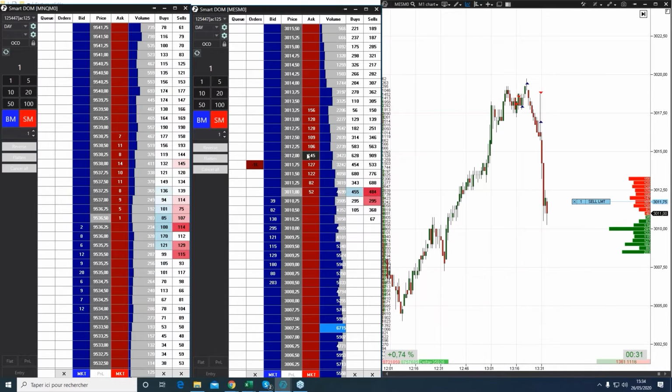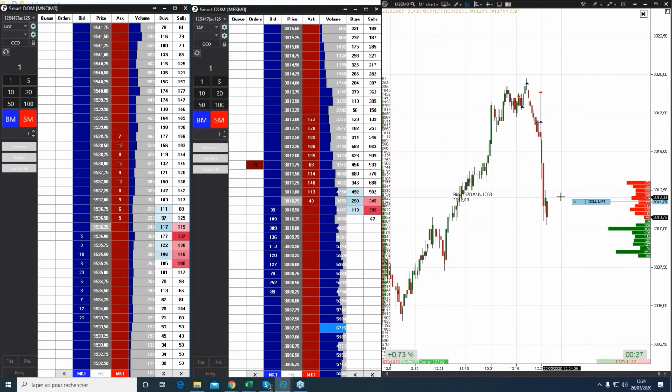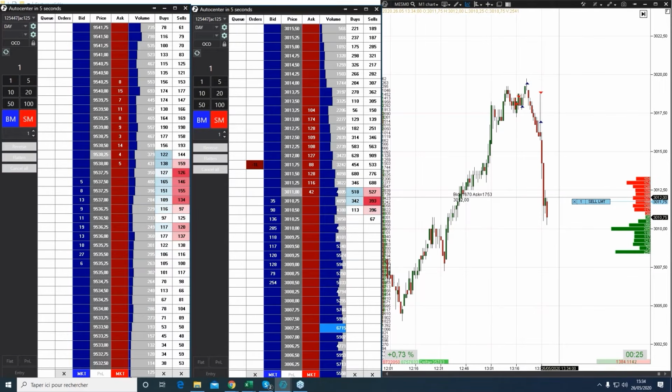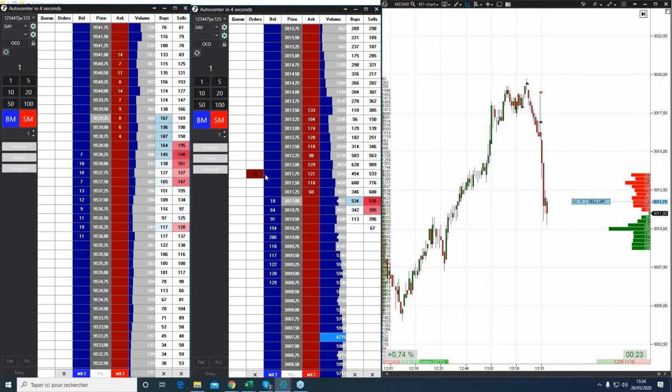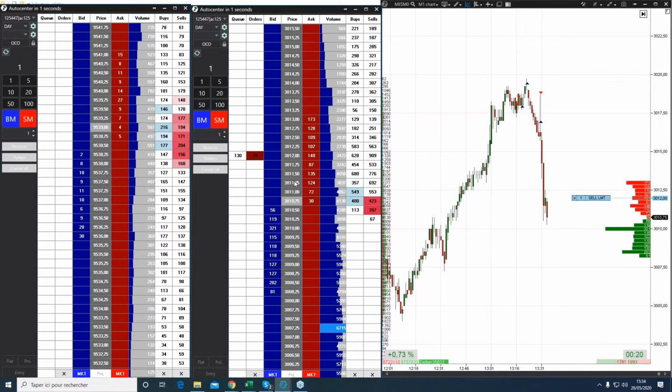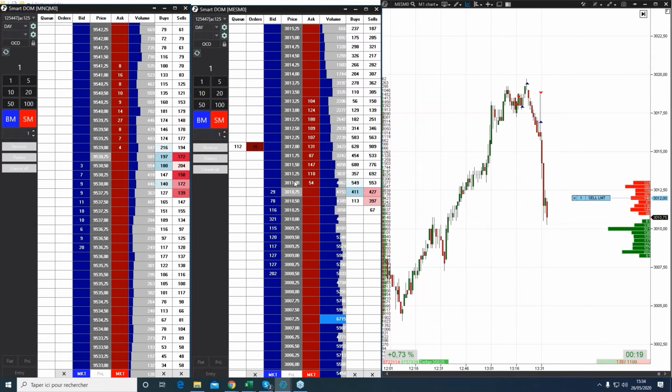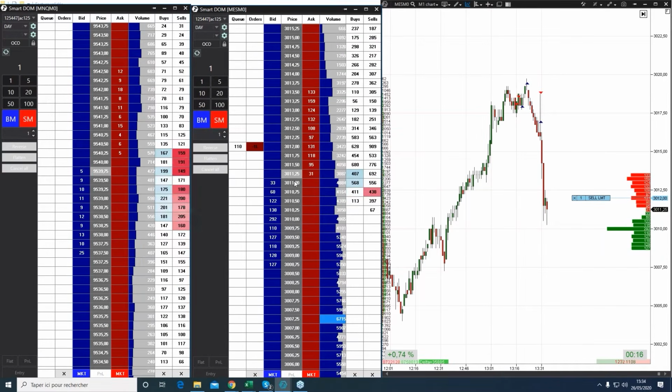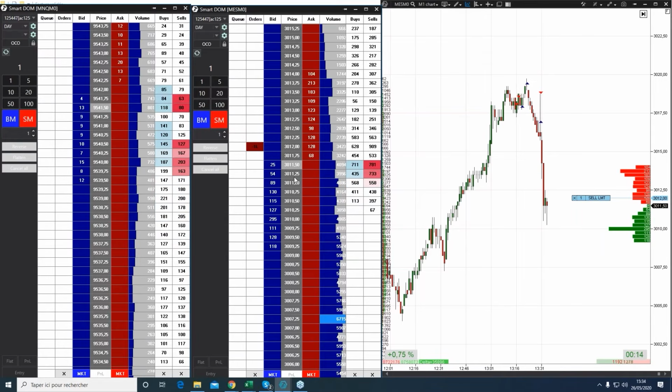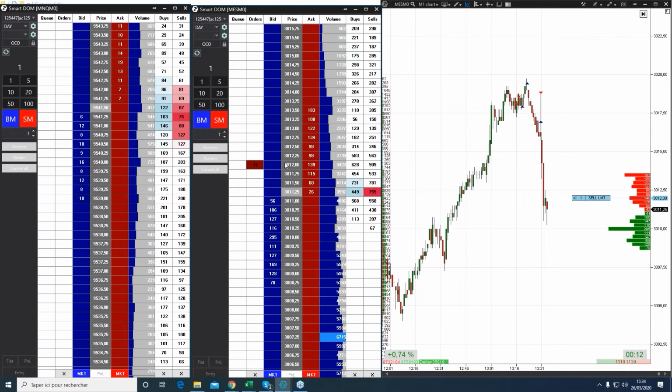So I see that here there is a big seller at 12. So I will try to sell these levels. And if I short here, maybe I will try again at these levels.